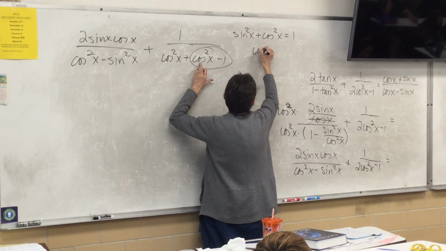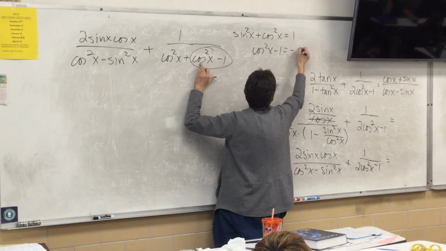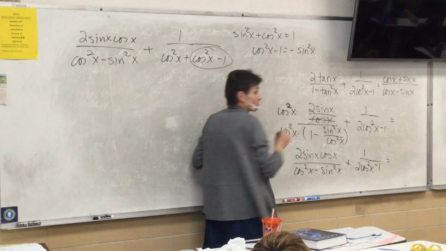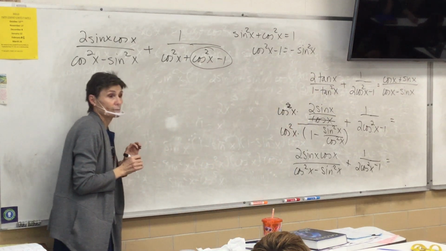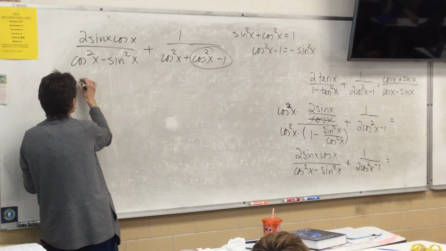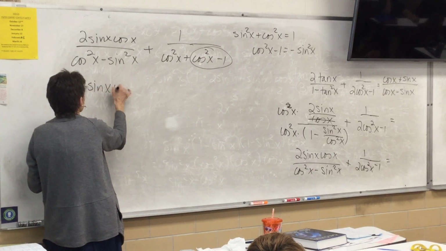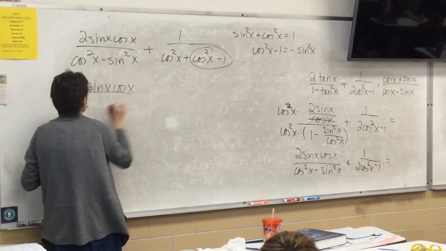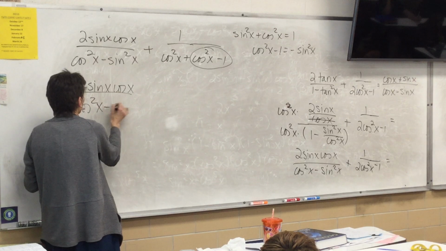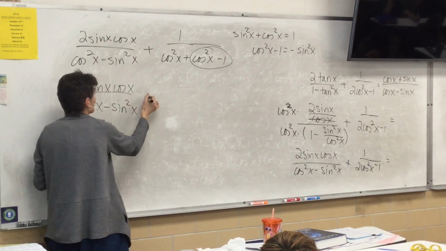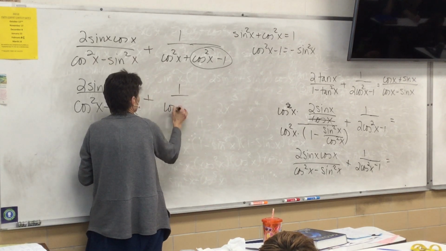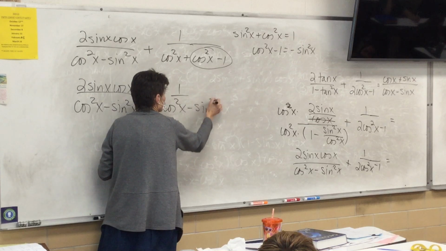Cosine squared minus 1 will equal negative sine squared, won't it? So look what happens, kids. If you substitute that in for that circled thing, what do you notice about your denominators? They're the same?